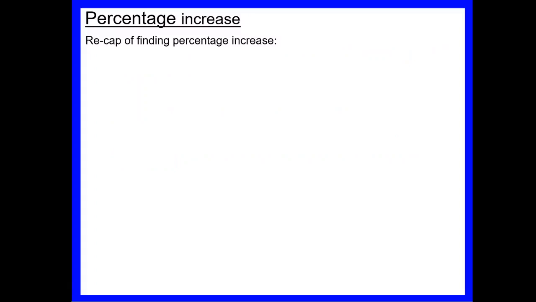Okay, so as a bit of a start today, we're going to do a recap first of all on percentage increase, just to make sure that you are happy with it. We want to increase £50 by 60%. When we increase an amount by a percentage, we actually have 100% of the amount already. So by adding on 60%, we actually require 160% of the £50.